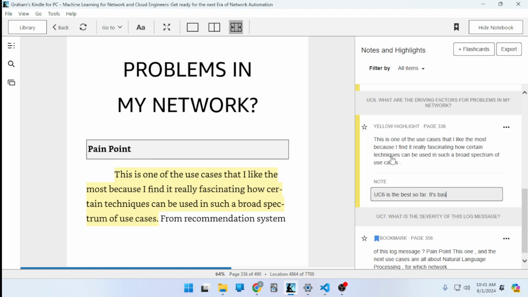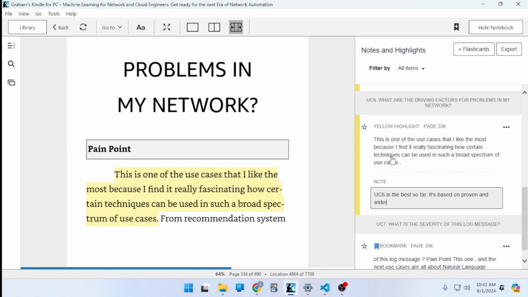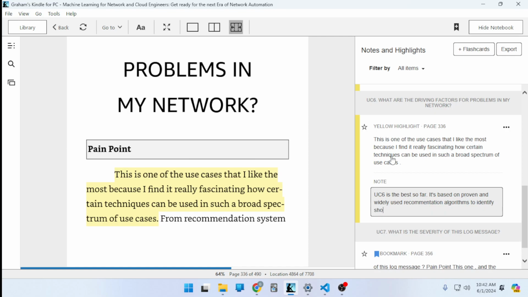It's based on proven and widely used recommendation algorithms to identify shopper behaviors.